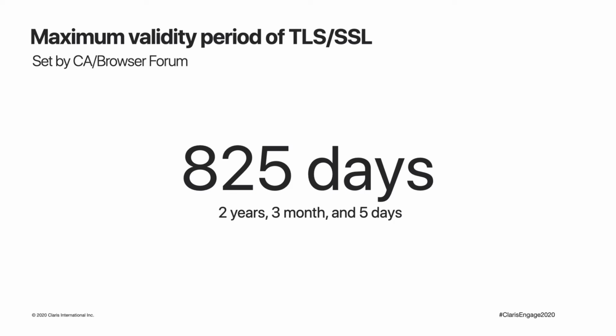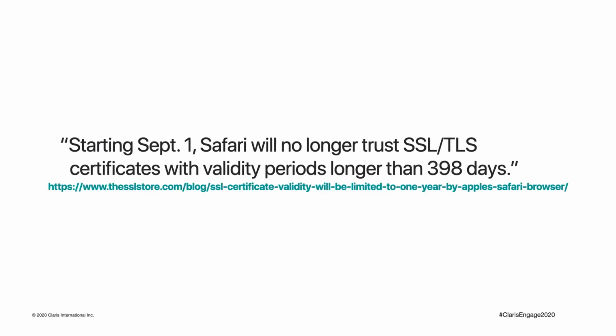So, the maximum validation period of an SSL/TLS certificate is around 2 years. That's why with most SSL/TLS certificate authorities, you can only buy certificates that are valid for 2 years. But this is going to change very quickly, because Apple announced that from the 1st of September, Safari will no longer trust certificates that are longer than 1 year.